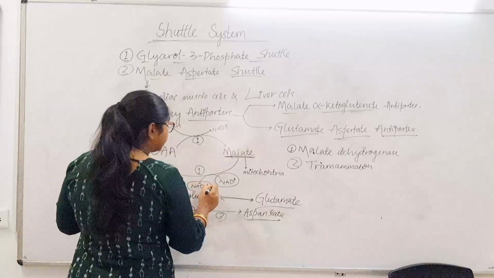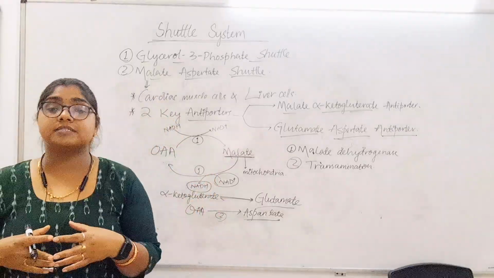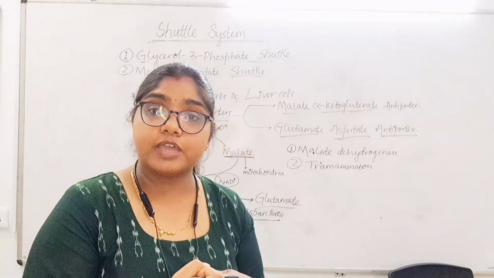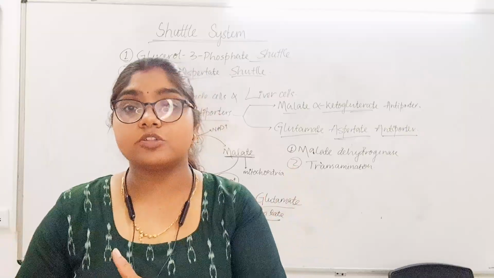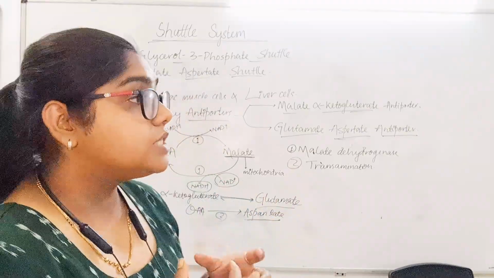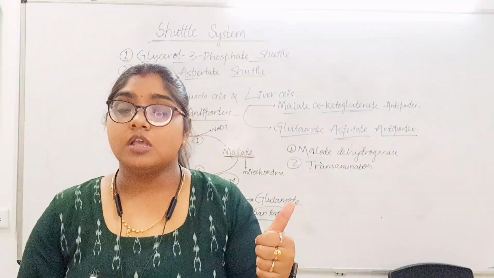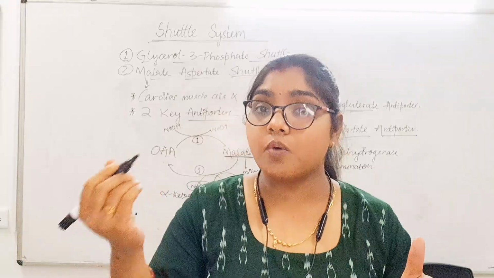Now this NADH that enters into the mitochondrial matrix not only helps in the regeneration of NAD plus, it also helps in the ATP synthesis process as it moves along the electron transport chain. So these are the two systems for the transportation of NADH from the cytosol, where it is produced, to the mitochondrial membrane where it actually works.